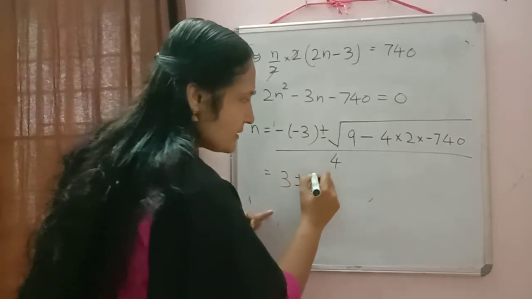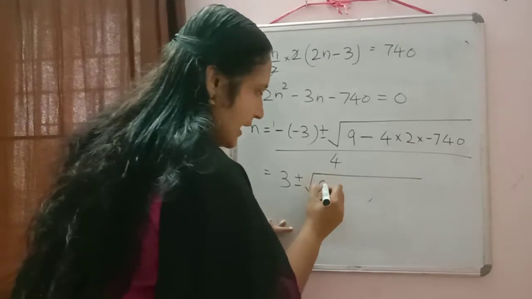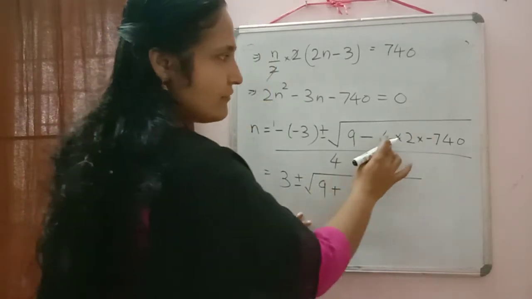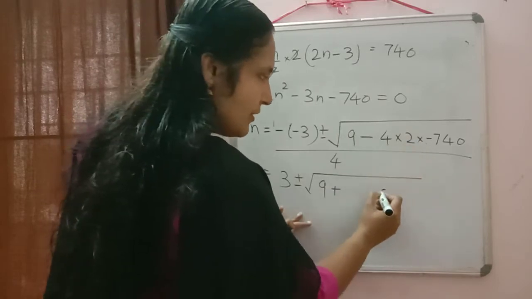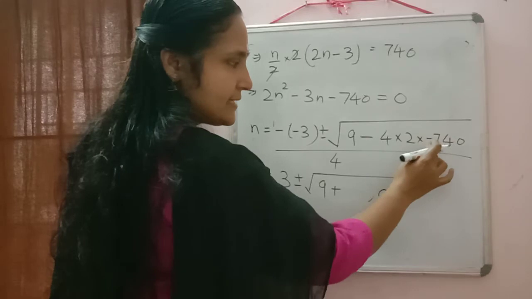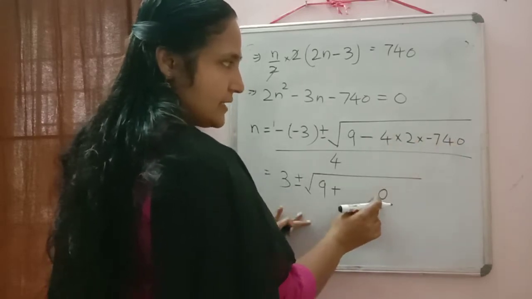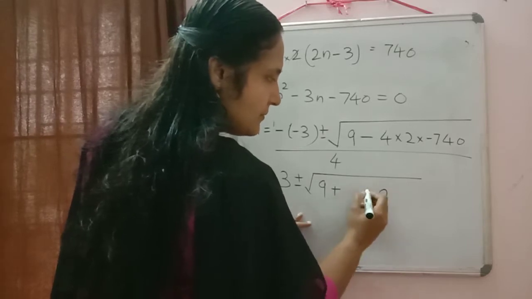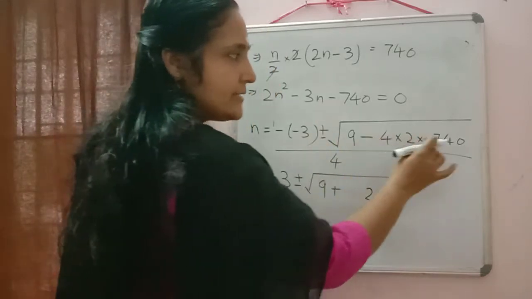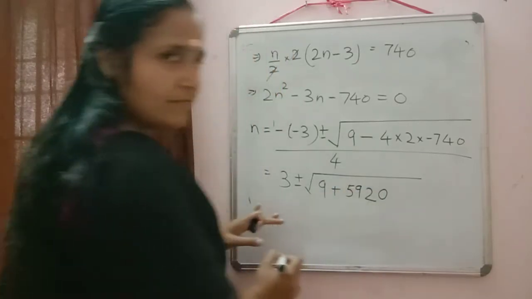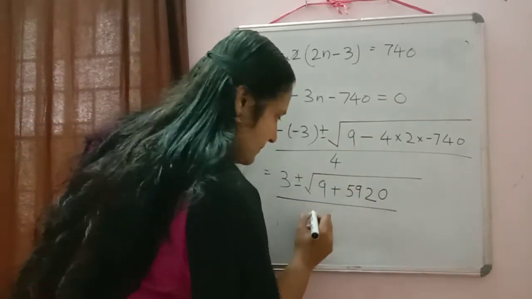Plus or minus square root of 9, minus into minus will be equal to plus. 4 2s are 8. 0 already we can write. 4 2s are 8. Now I am multiplying it by 74 because already 0 written there. 8 4s are 32. Carry over 3. 8 7s are 56. Plus 3 will be equal to 59 by 4.